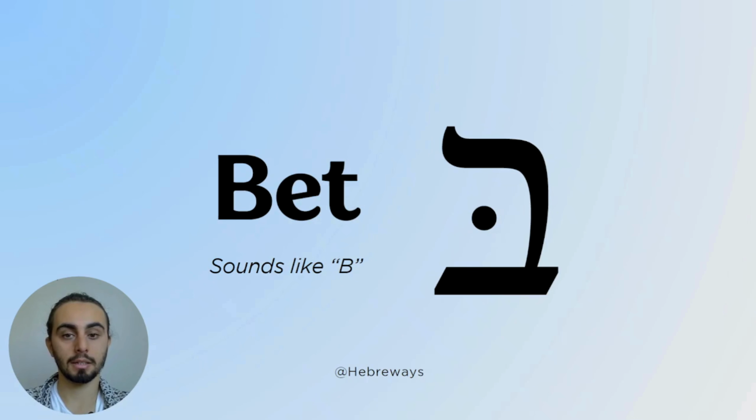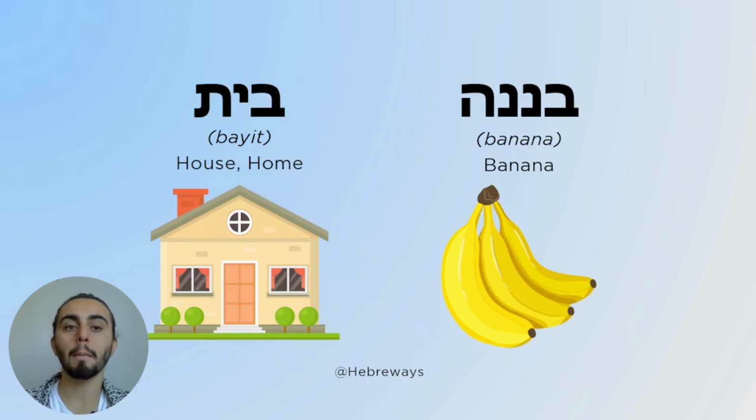Bet. So bet, just the way it sounds like, bet makes the sound of B. So it's really nice that the sound of the letters usually correlate with the sound and like the English word, bet and B. And 2 words that we can take from bet is banana or bayit.